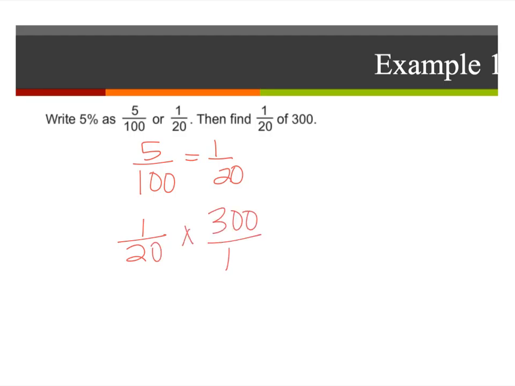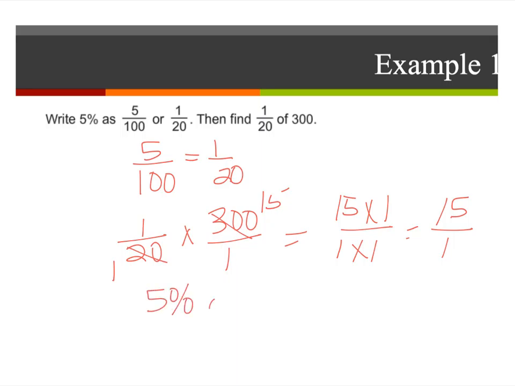So we can write that over 1, and then we can cross reduce. We divide by 20, and we get 15. So 15 times 1 and 1 times 1 is equal to 15 over 1. So we can say 5% of 300 is equal to 15. Make sure you copy all of this in your notes.